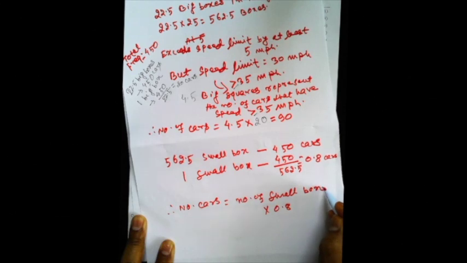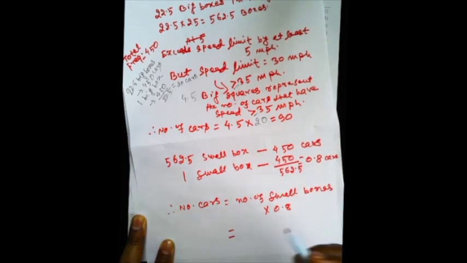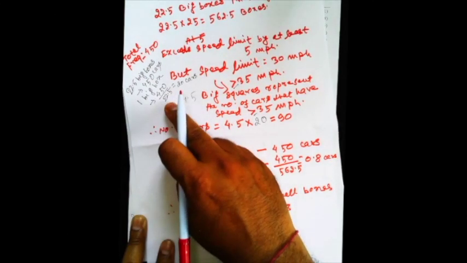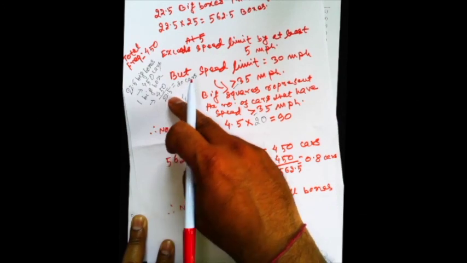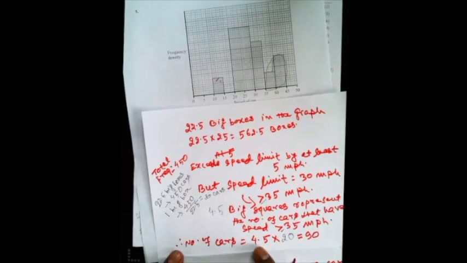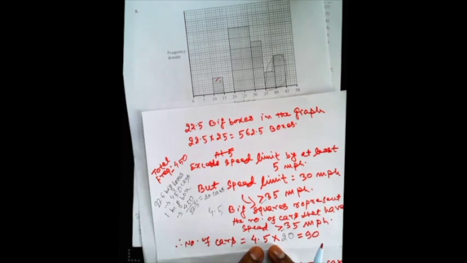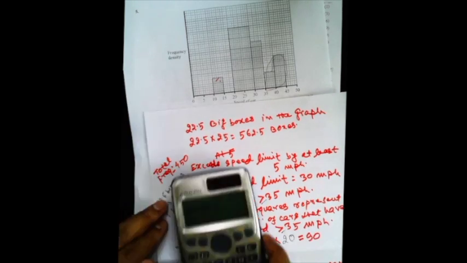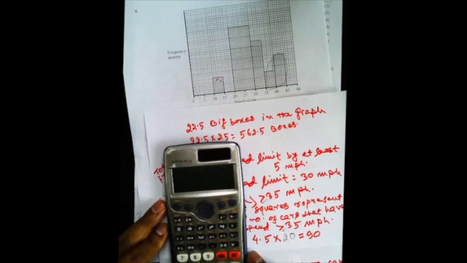So the number of small boxes. Let's count here: there are 22.5 big boxes. That means 4.5 big boxes, and each big box has 25 small boxes.